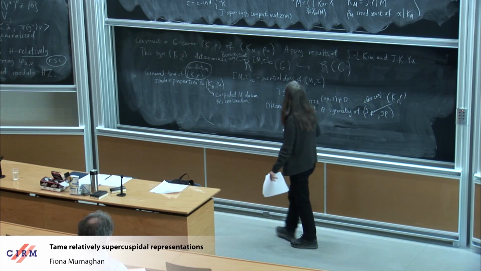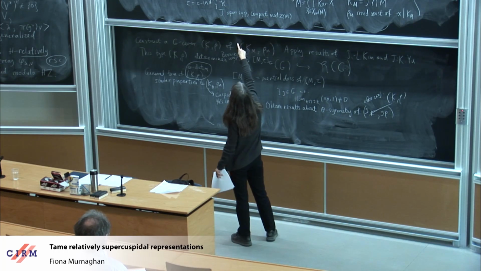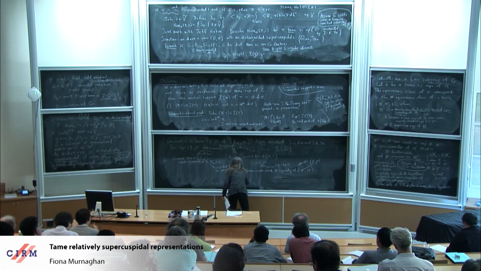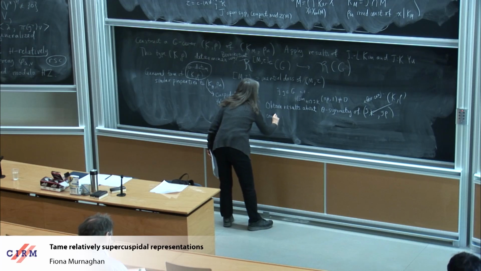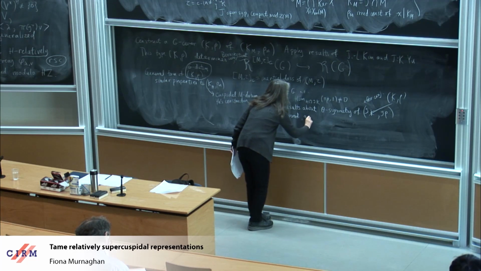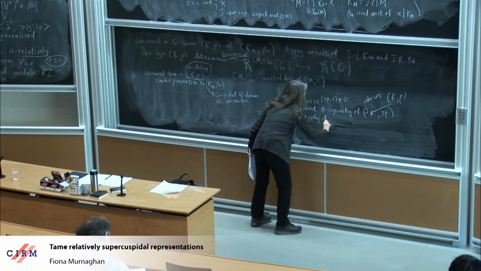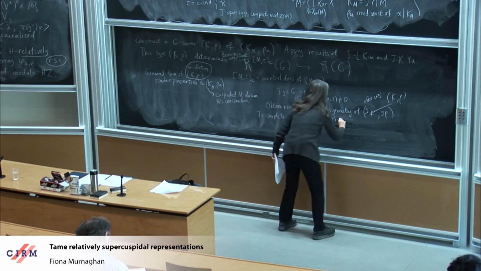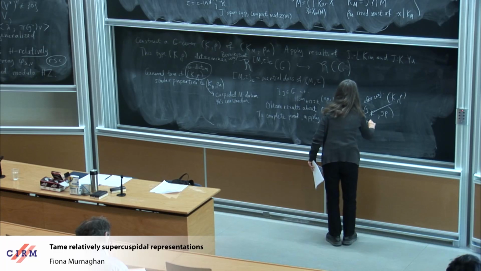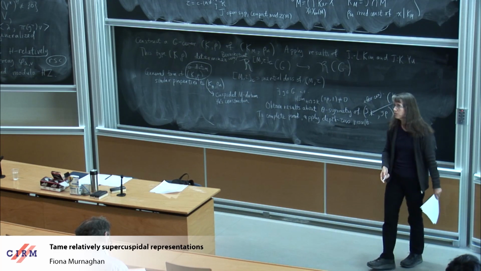So in order to complete the proof, we apply the depth zero results. Roughly speaking, this is how it goes. So we need to understand the depth zero stuff first.